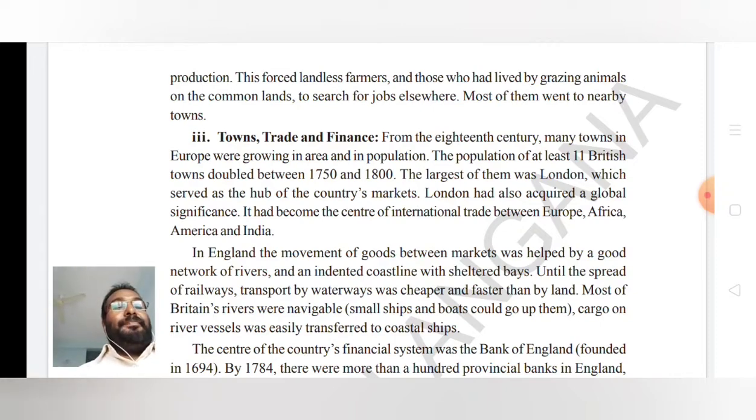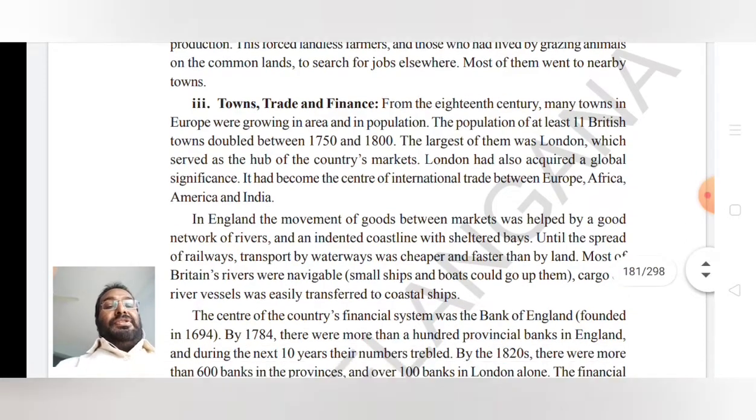Most of Britain's rivers were navigable, so small ships and boats could easily go through them. Then cargo on the river vessels was easily transferred to coastal ships.